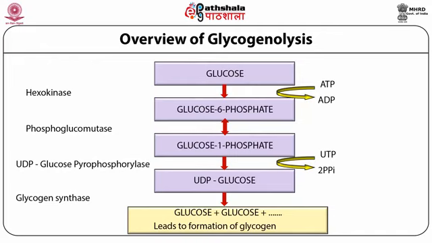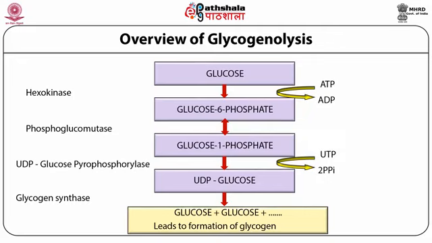Phosphoglucomutase catalyzes the isomerization of glucose 6-phosphate to glucose 1-phosphate. Now, UDP glucose pyrophosphorylase catalyzes the formation of UDP glucose from UTP and glucose 1-phosphate. Glycogen synthase transfers the glucosyl residue from UDP glucose to the non-reducing terminal of glycogen.